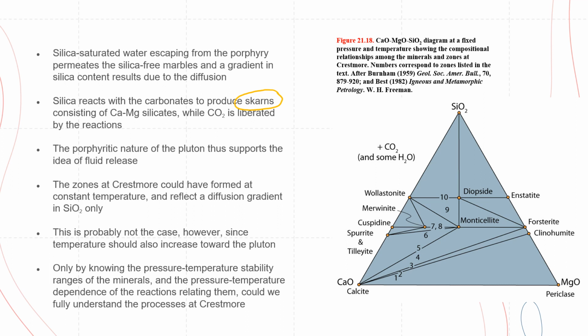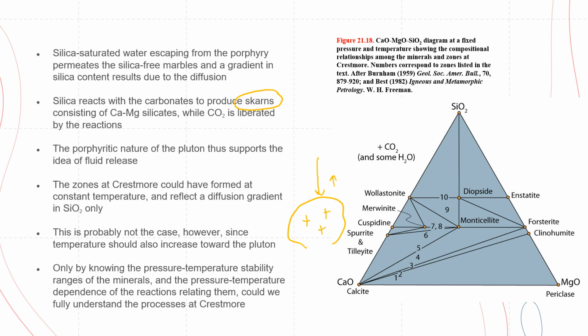The porphyritic nature of the pluton thus supports the idea of this fluid release. The zones at Crestmore could have formed at constant temperature and reflect a diffusion gradient in SiO2 only. This is probably not the case, however, since temperature should also increase towards the pluton.